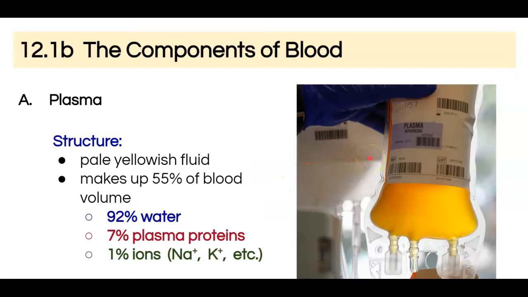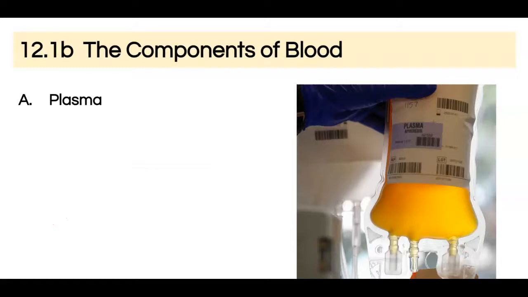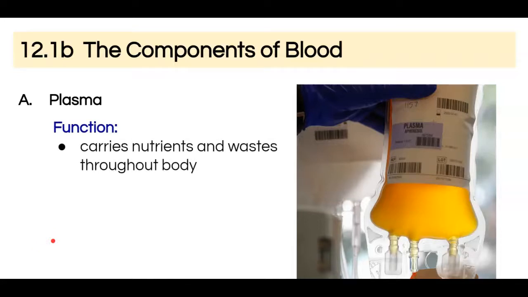It's possible sometimes for people to receive simply a plasma transfusion, not just whole blood, for particular purposes. So next, let's talk about function. The function of our plasma is that, as you would guess, it carries nutrients and waste throughout the body.